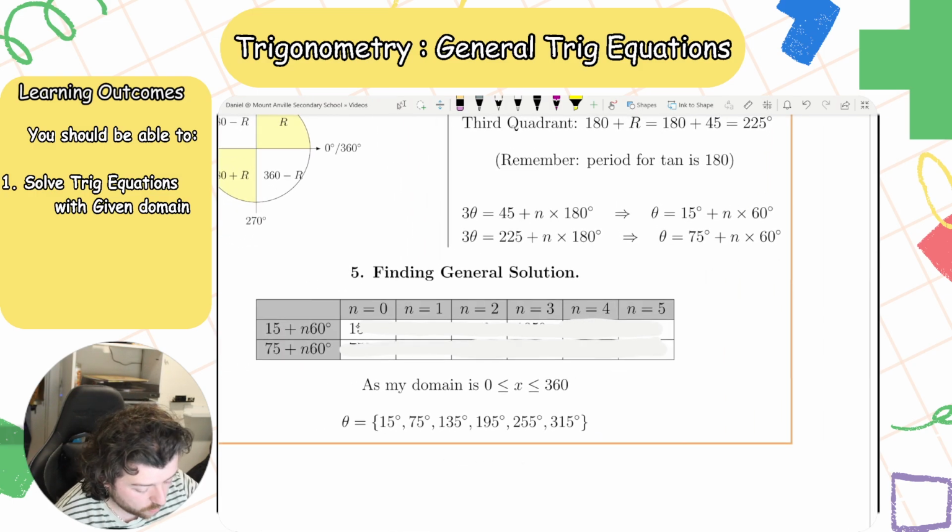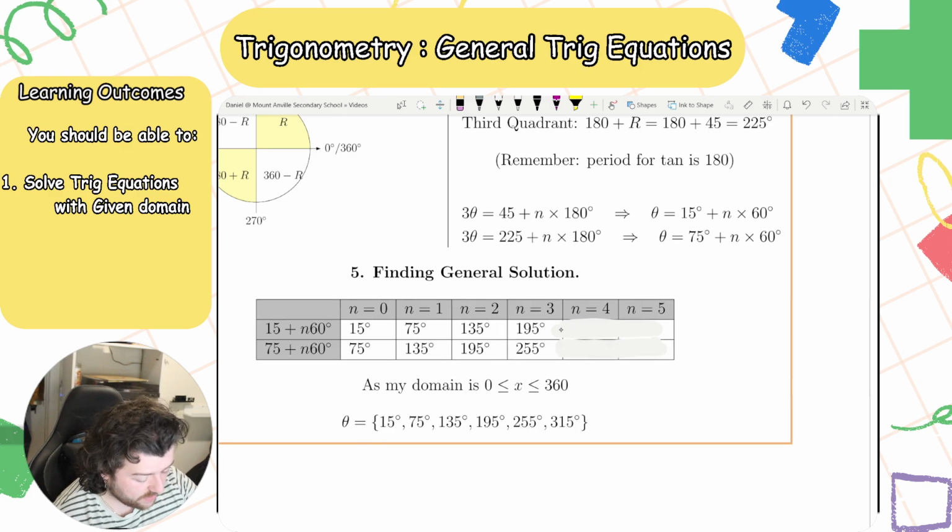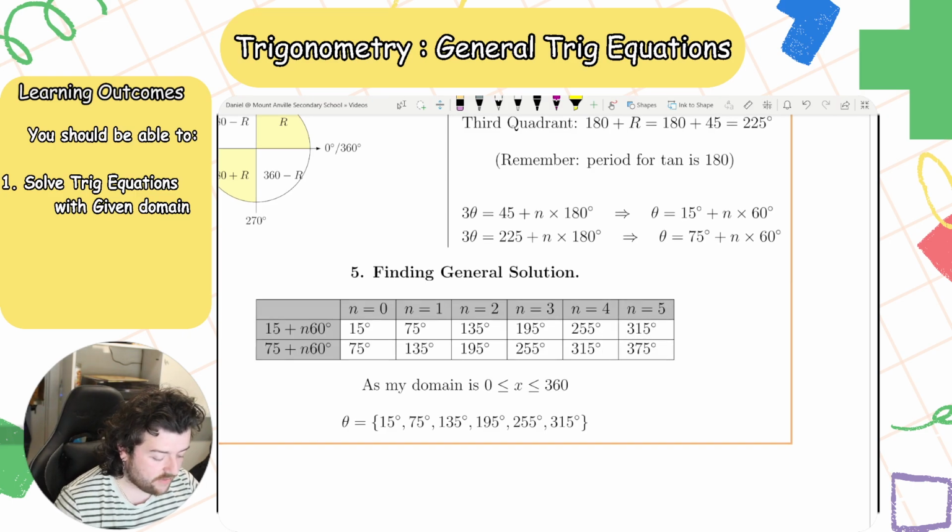So when n is equal to 0, I get 15 and 75. When n is 1, I get 75 and 135. When n is 2, I get 135 and 195. When n is 3, 195 and 255. When n is 4, I get 255 and 315. And then finally, when n is equal to 5, I get 315 and 375.